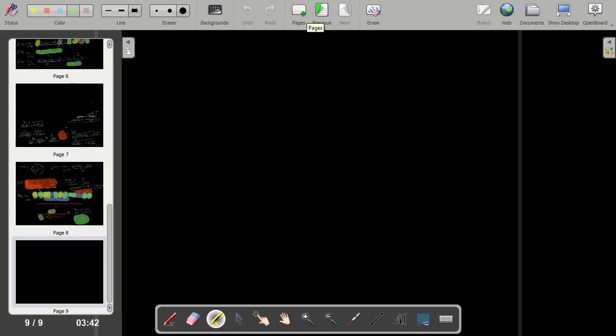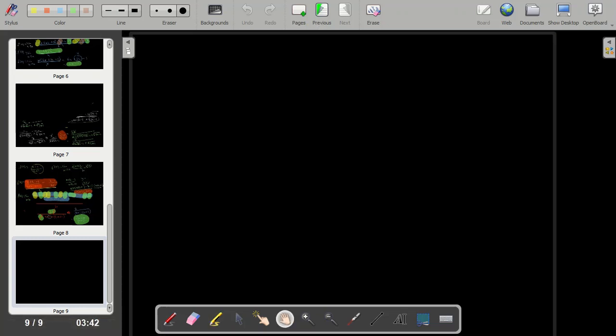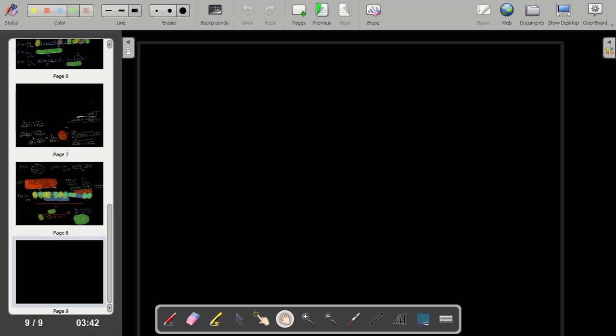So the next question is, they are telling us that the function is 1 over the root of x plus 2. So we are differentiating that one from the first principle.